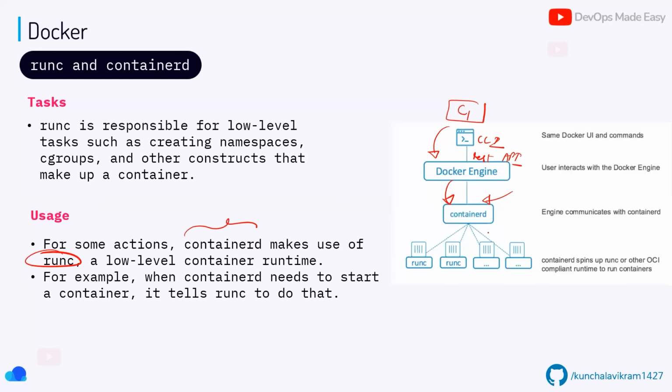And once it has the image downloaded, it instructs runC to create that container for you. Got it, guys? That is at a high level. This is not required, but it is good to have this minimum knowledge of how the command flows from the CLI to runC.